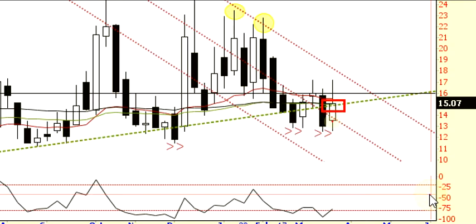So it opened here, it ran down. Okay, the bulls drove it all the way up here. It was a slightly higher high. The bears came in and drove it down to the trend line. So it's kind of at a critical place. We'll just wait and see.